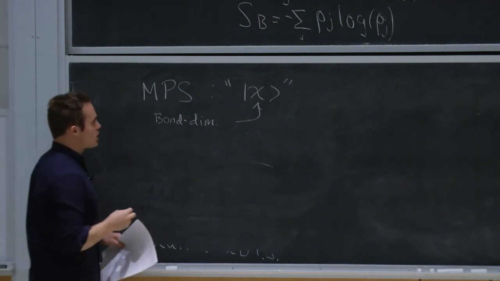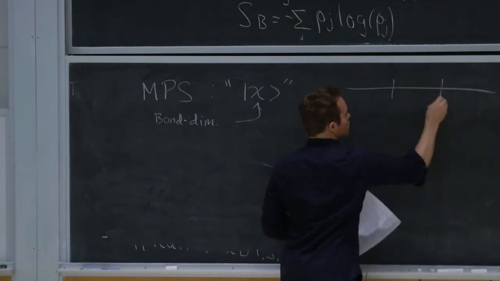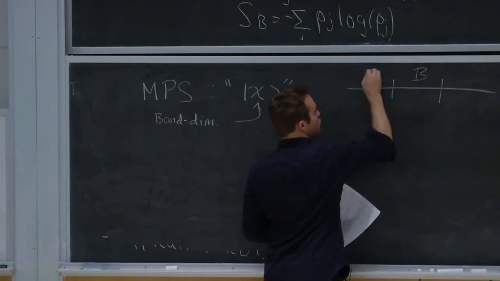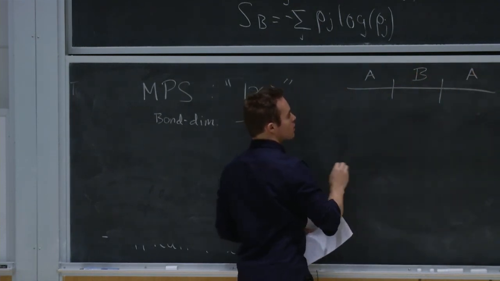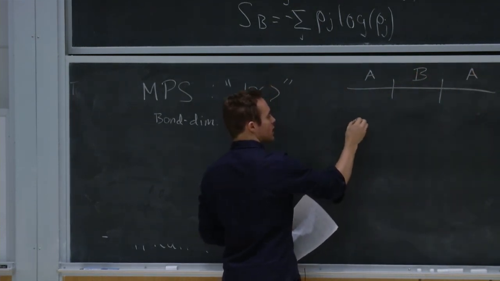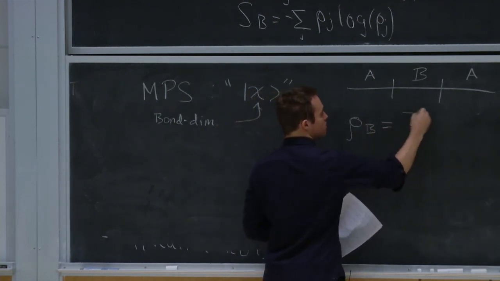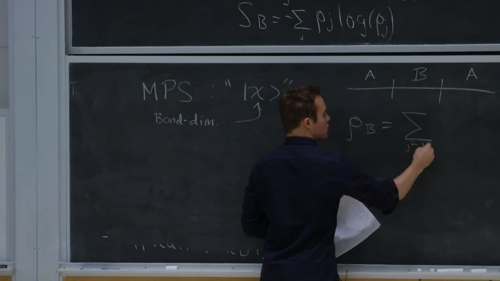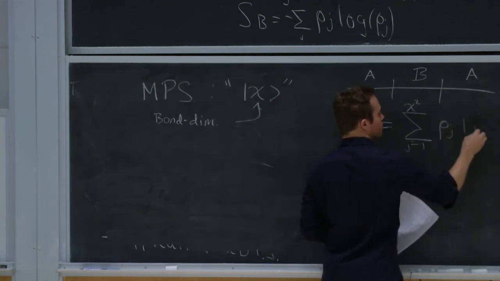Matrix product states are really defined by the following property. They're one-dimensional states, and if you cut out a region B, you will always find that if you calculate the reduced density matrix for region B, no more than chi-squared eigenvalues will show up.